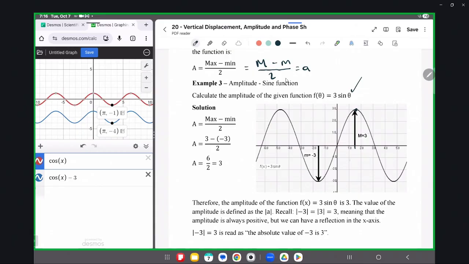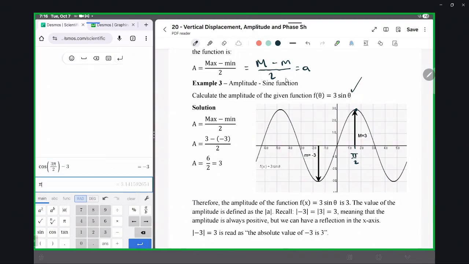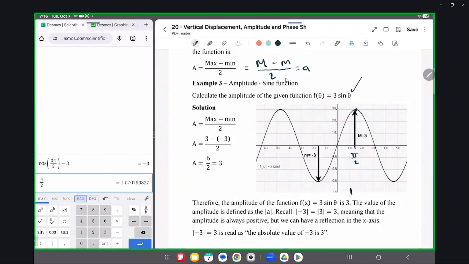So note that this maximum up here happens to be pi over 2. And so if you take pi and divide it by 2, this is the decimal version. So this will be that 1.57. The x-intercept is pi, which is going to be exactly 3.14.